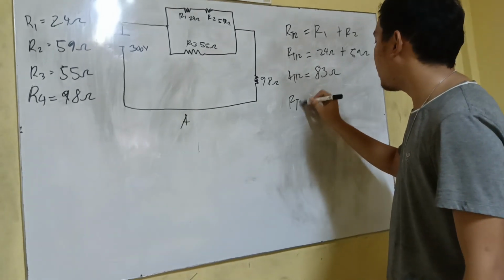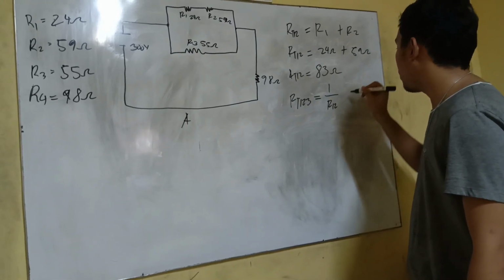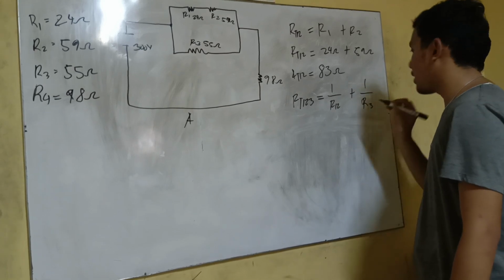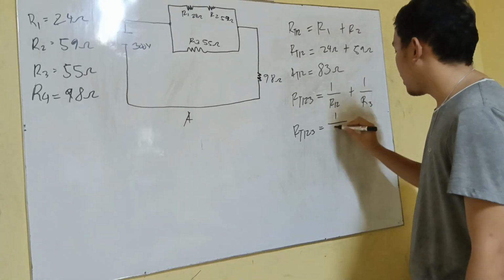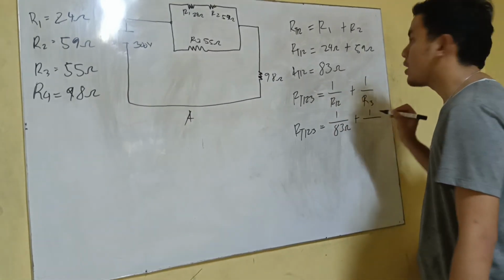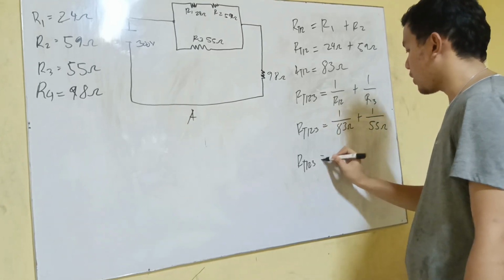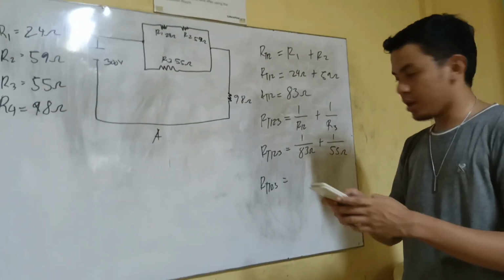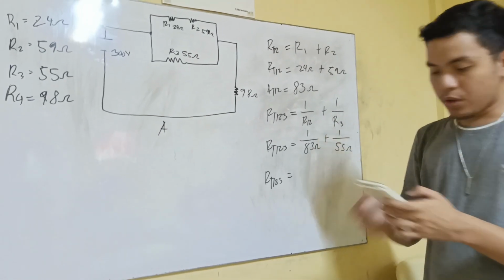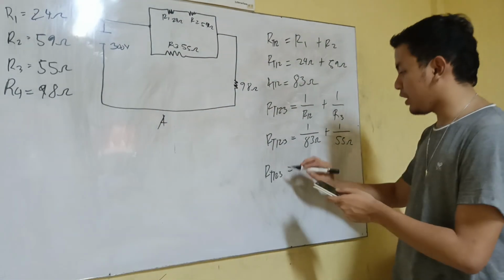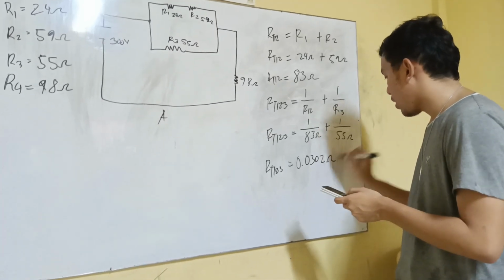R total 1, 2, 3 equals 1 over R12 plus 1 over R3, which is 1 over 83 plus 1 over 55. So our R total 1, 2, 3 is 0.0351 ohms.